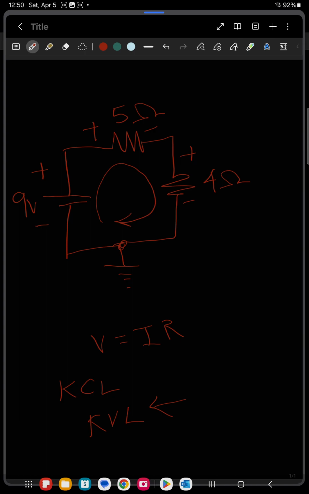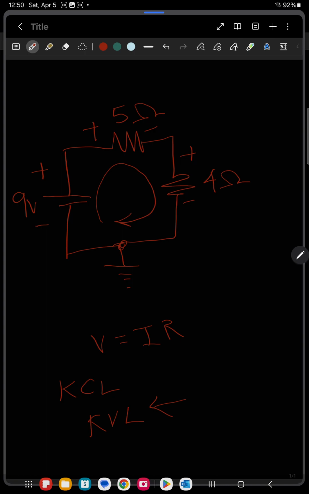As we go through the loop, if we start from the ground going up, the 9 volts is a rise because you go from negative to positive. And then when you go to the 5 ohm resistor, continuing where you were, that is a drop because you go from a positive to a negative.